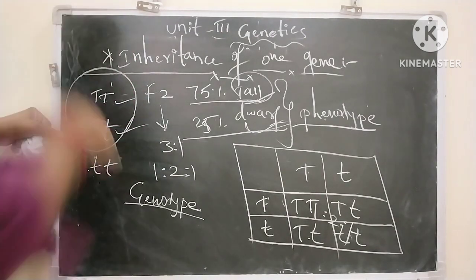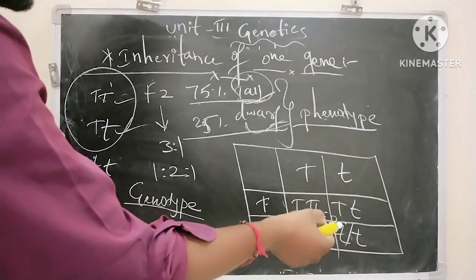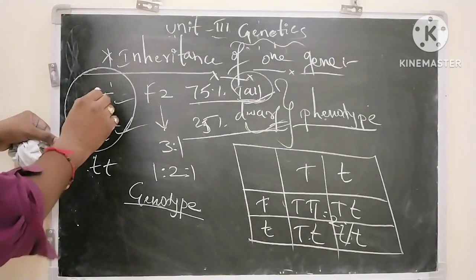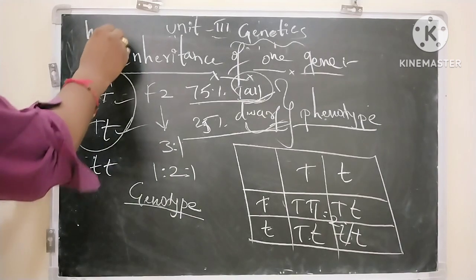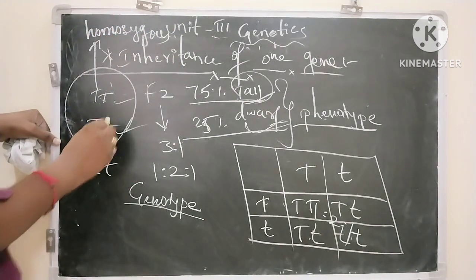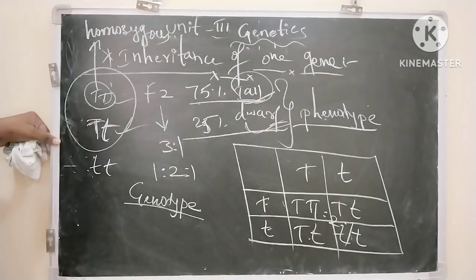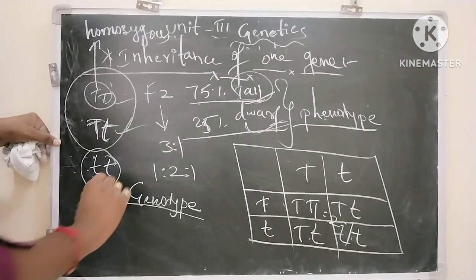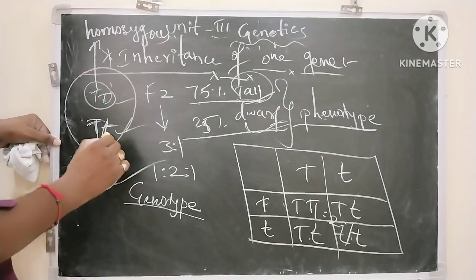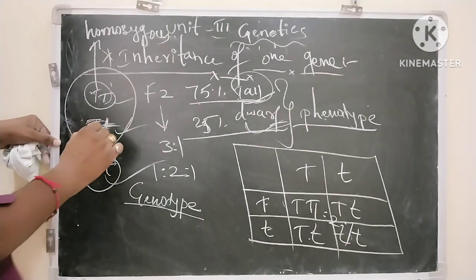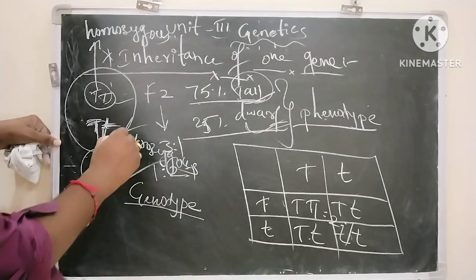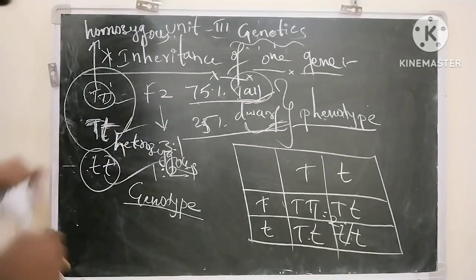The alleles expressing a trait, if they are both similar alleles, are called homozygous. These are called homozygous dominant alleles, these are homozygous recessive alleles, and this is the heterozygous alleles. Okay, right, next.